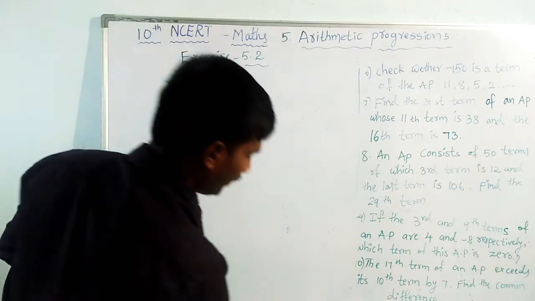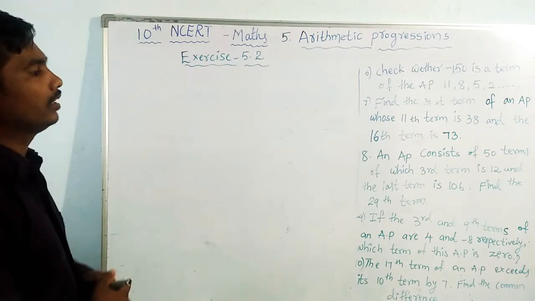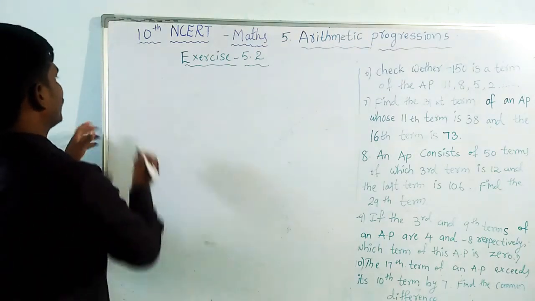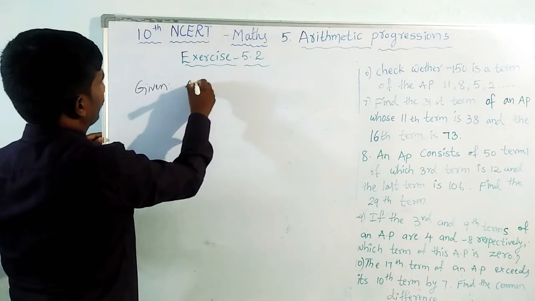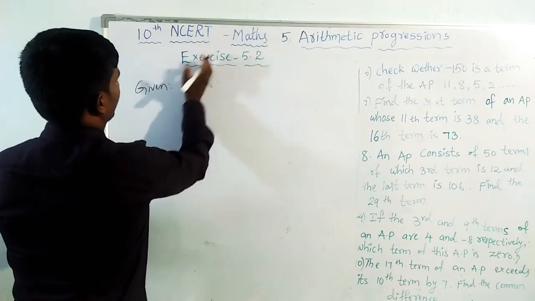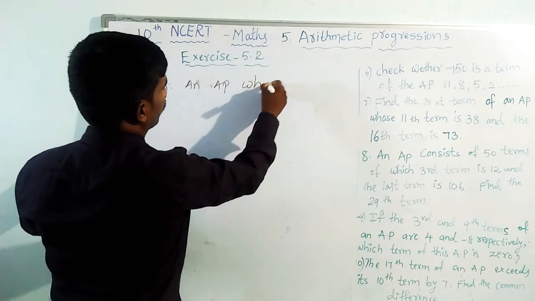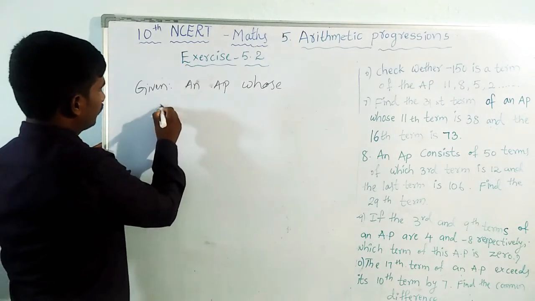Next, the 8th problem. An AP consists of 50 terms, and the third term is 12. What is given? An AP whose third term is 12.